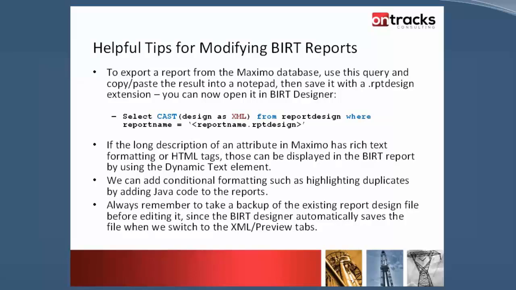We can do things like highlighting duplicates, using Java in our report, although it is not the most straightforward to set up, but it can be quite useful. We could also do things like hide duplicates, show aggregate values, or use mathematical functions in our data. BIRT provides a lot of different functions to use, so it is definitely a very helpful tool.